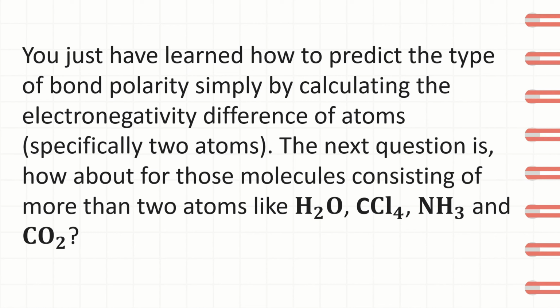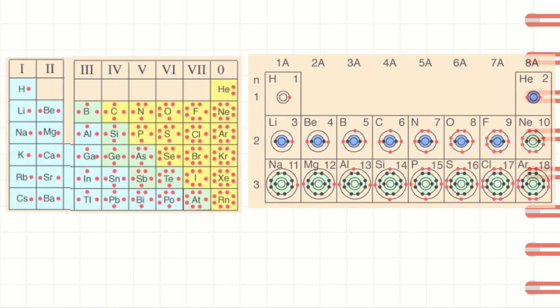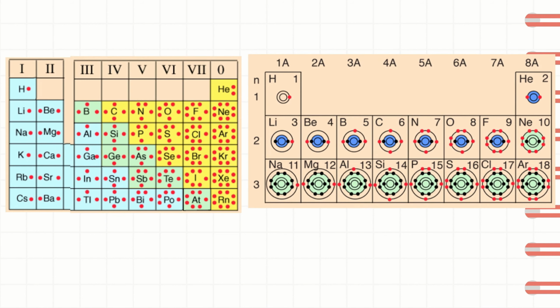The next question is, how about for molecules consisting of more than 2 atoms, like water, CCl4, NH3, and CO2? How will we predict the polarity of these molecules? That is by the molecular geometry, or the symmetrical shape of the compound.